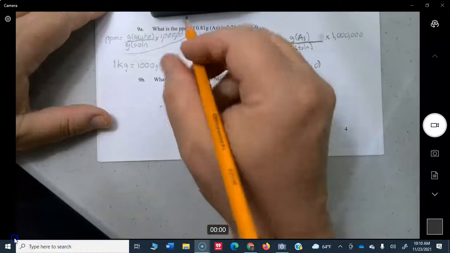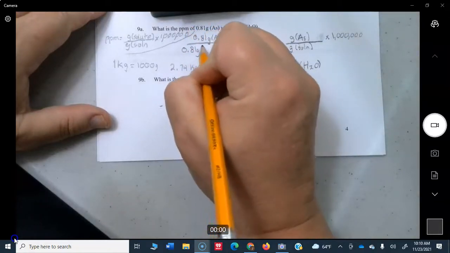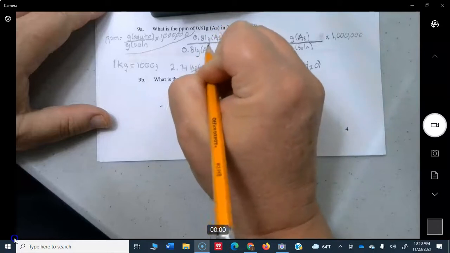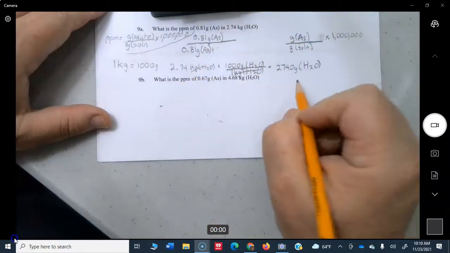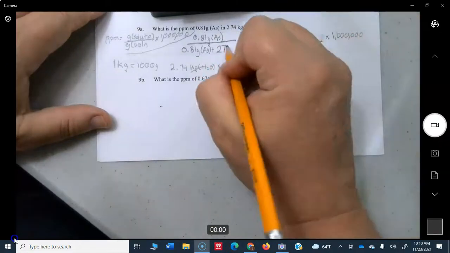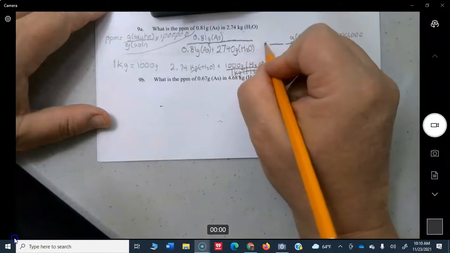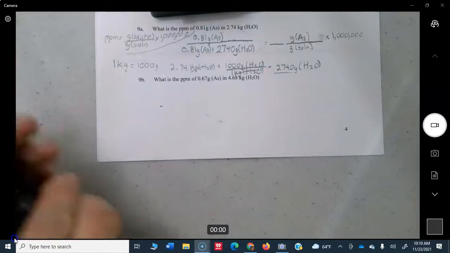Now in the denominator, the grams of solute is going to be the grams of arsenic, so the 0.81 again, plus the grams of water. We're just going to add all this up and then divide the top by the bottom.